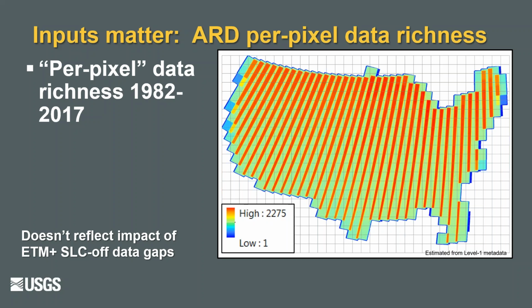This is due to orbital characteristics of the Landsat series of satellites. They come around through orbits, and our orbits overlap. In the red areas you have higher numbers of observations, because as Landsat orbited, there were overlaps, and we looked at pixels.